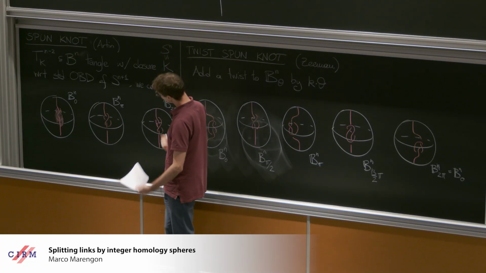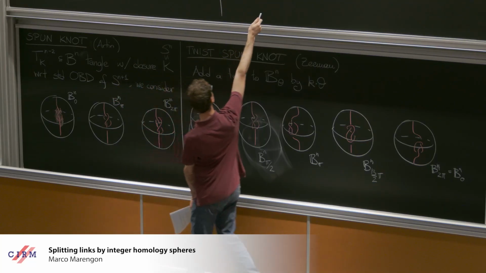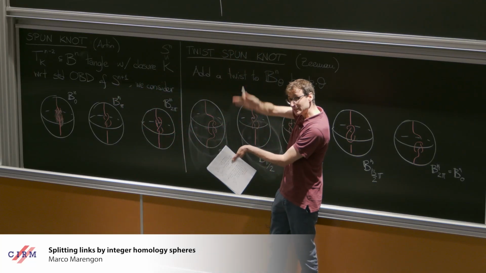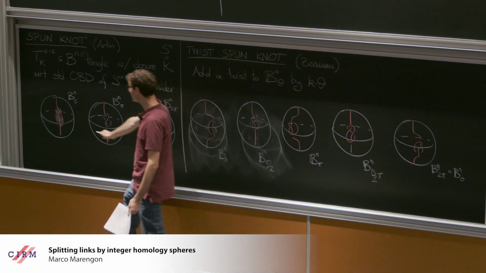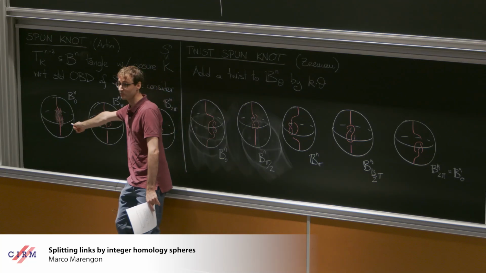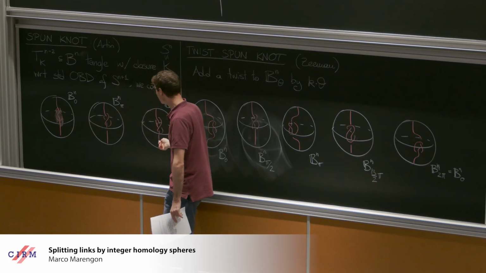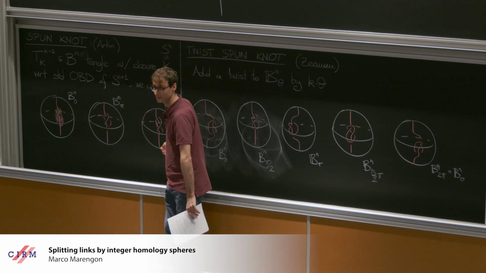And we consider the standard open book decomposition of Sn plus 1, that was the one up there, and we know that the pages are all Bn's. And now in each page, I take a copy of the tangle. So here you have the various figures. It's always the same tangle, T_K, here, here, and here.